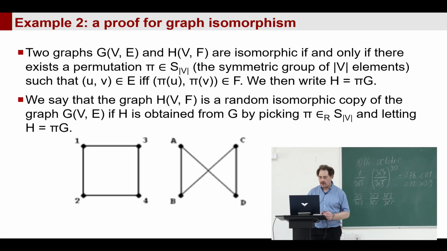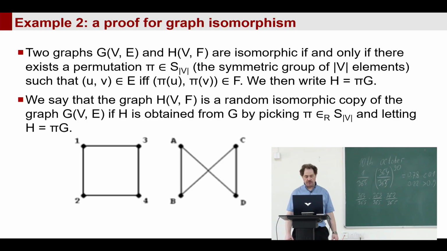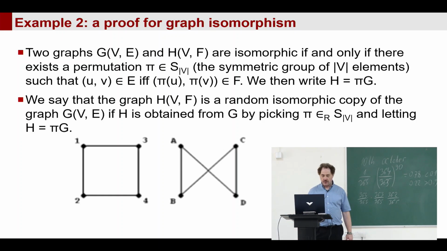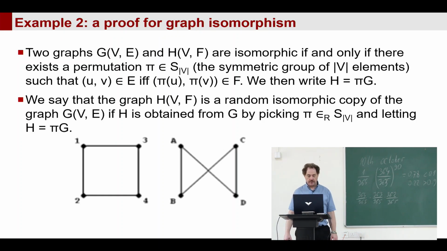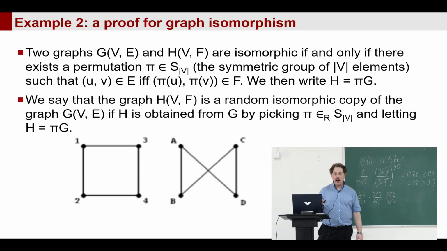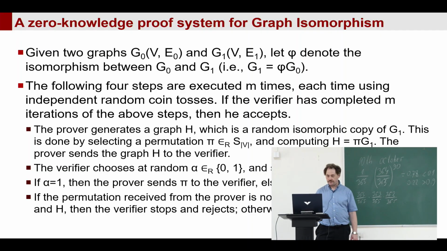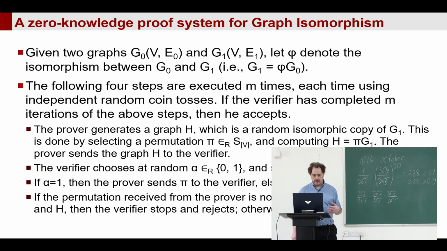Now we can say that a graph is a random isomorphic copy of a different graph if it's obtained by picking a permutation, right? In just the notation. How can we use all this to create a zero knowledge proof system? So what's the idea?